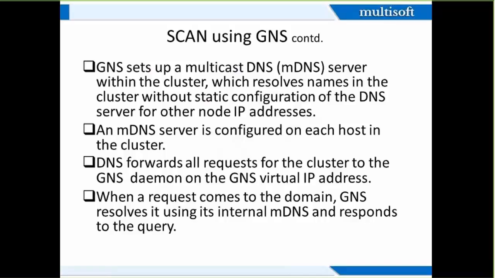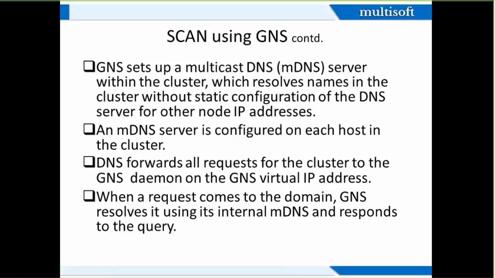So an mDNS server is configured on each host. In case of GNS, when you configure GNS, a service called the mDNS daemon is automatically configured on all the hosts. DNS forwards all the requests to the cluster. The GNS daemon on the GNS virtual IP, which is basically a single static IP running on a single node, will receive that request and populate it, and that request will go to the nodes where the SCAN listeners are running.